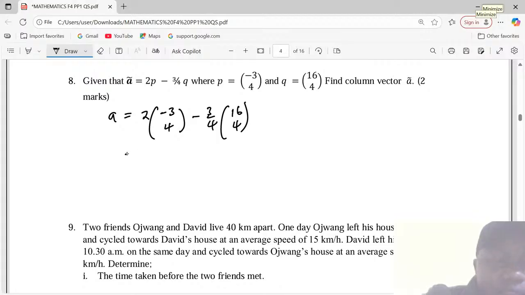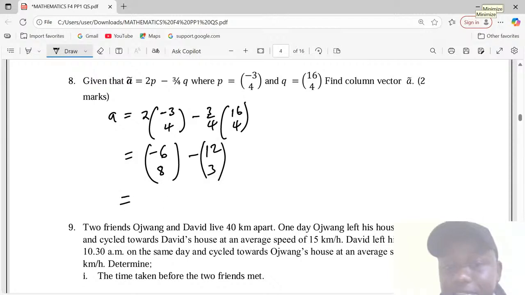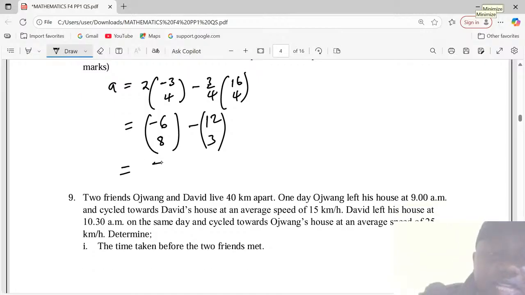So now these are scalar multiples. We multiply the x component and the y component like that. Also, negative 3/4 should multiply 16, giving negative 12, and 3/4 should also multiply 4 to give us 3. That way, negative 6 minus 12 is negative 18.